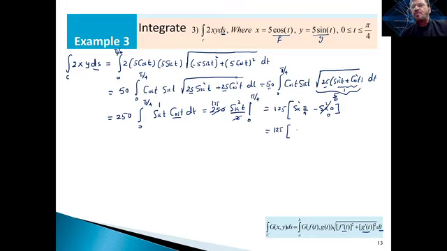Pi over 4 is 1 over root 2. When you square it, you get half. So the answer is 125 over 2. Okay, so this is how you integrate the function of two variables x and y over the whole curve C, which is ds.